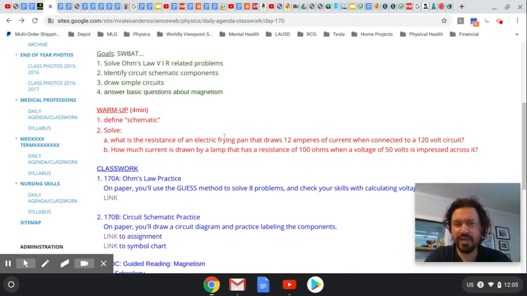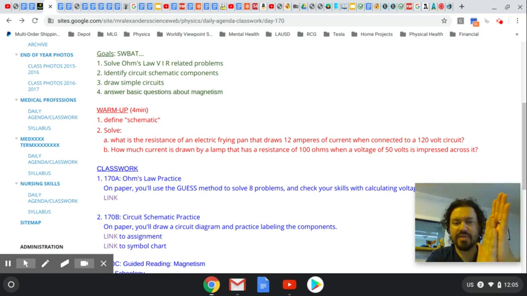An electric frying pan, if you've never used one before, is like an electric stove. It has a coil of wire that looks like a spiral, and that wire is really resistant to letting the electrons, or the charge, flow through it. And think about when things are resistant, right? If you push your hands together really hard and you try and slide them past, they get hot. That's the result of friction.